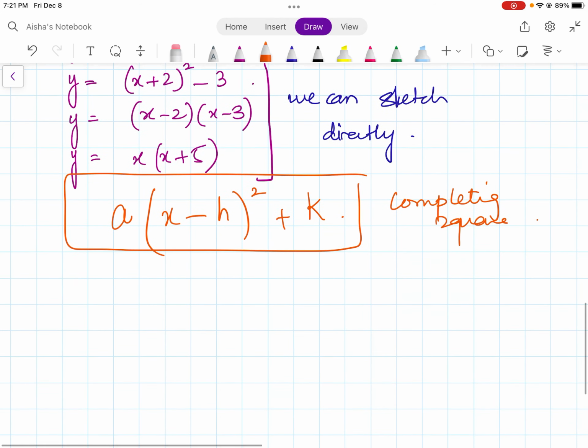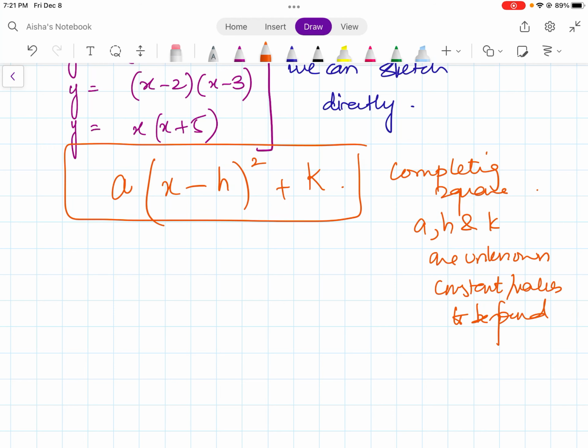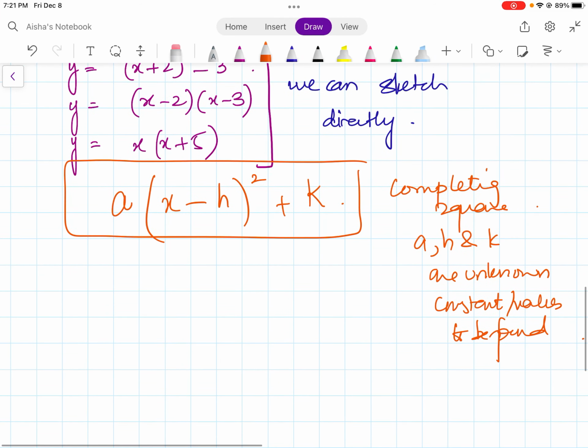If this is the completing square, then what is a, what is h, and k? a, h and k are unknown constants, or you can say values to be found, which we have to find. Now what is a? If a is greater than 0, meaning positive, it's a minimum graph.